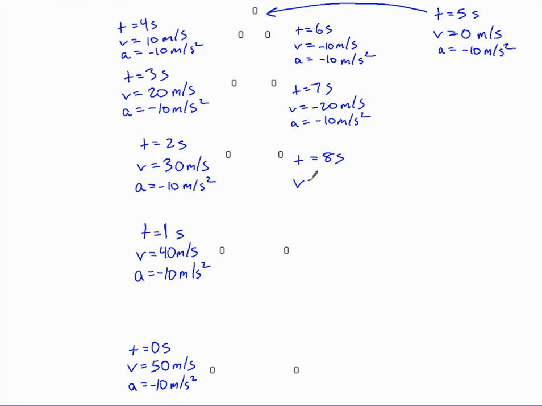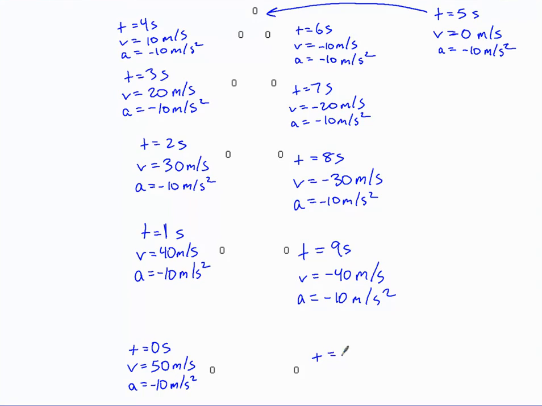At 8 seconds, the velocity is now negative 30 meters per second. The acceleration, negative 10. Time equals 9 seconds. The velocity is negative 40 meters per second. Acceleration, negative 10. Time is 10 seconds. Velocity equals negative 50 meters per second. And the acceleration, still negative 10 meters per second squared.